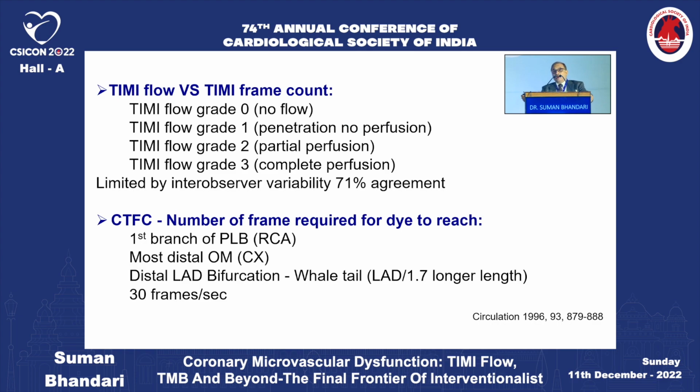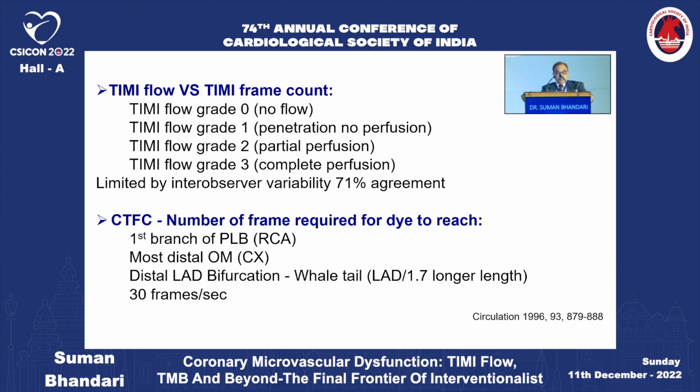So how do we go about assessing microvascular dysfunction? One way is to do the TIMI flow. TIMI flow grade 0 means no flow. TIMI flow grade 1 is there is penetration but no perfusion, so it will be very less perfused.